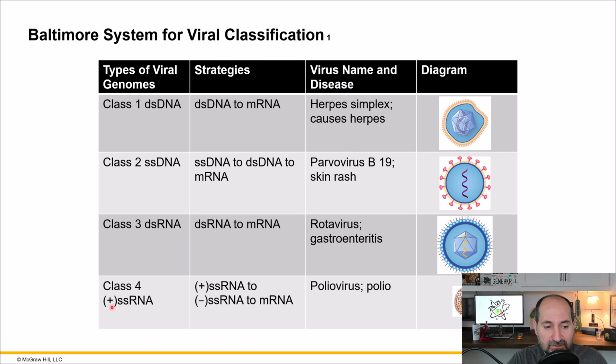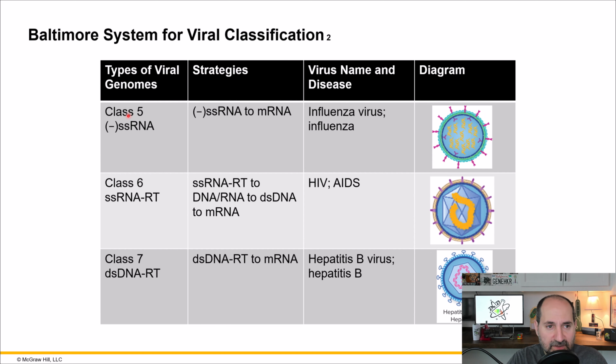Remember, positive single-strand RNA is ready to convert into protein. Whereas class 5 makes up your negative sense single-strand RNA, which cannot readily be made into protein. It needs to be converted to positive sense before it can be used to make protein.